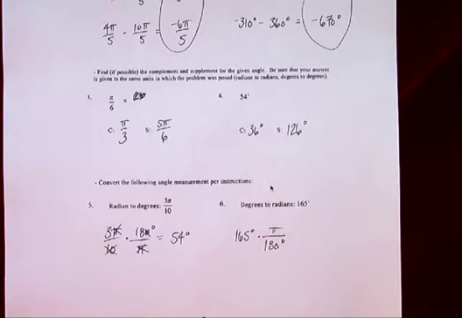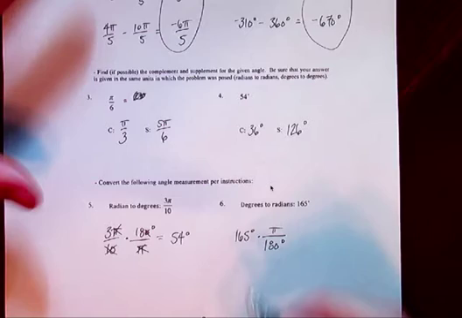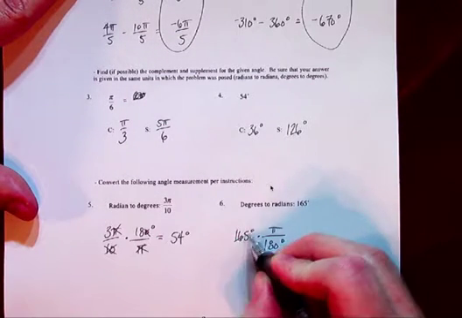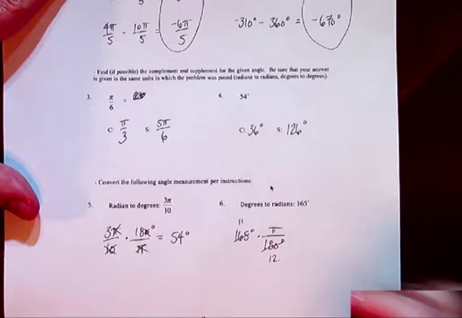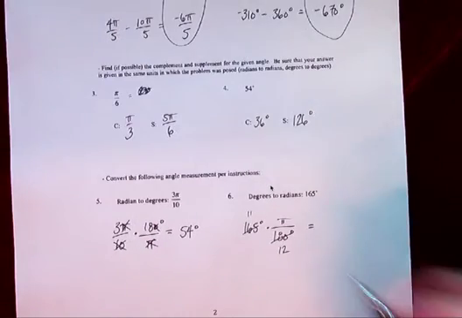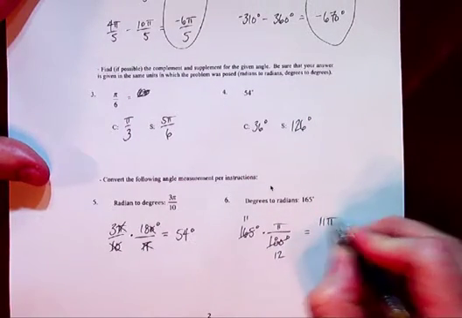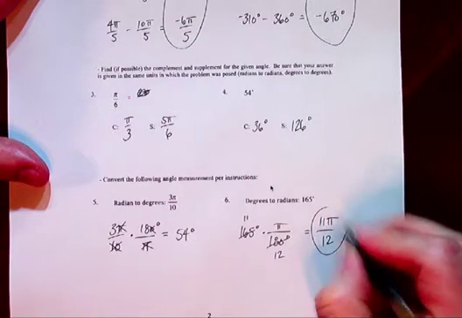And if you're having a hard time seeing that, remember that 150 is 15 times 10. 165 is just 15 times 11, okay? And so if that's 15 times 11, that must be 15 times 12, since it's just one more 15. And we have 11 pi over 12 as our radian measurement.